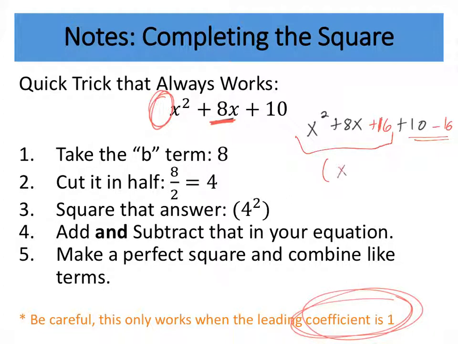So I get x plus 4 squared, and my leftovers are negative 6. Again, my vertex, if I were going to calculate a vertex, would be negative 4, negative 6. Those are the coordinates of the vertex. So we take the middle term, cut it in half, square it, add and subtract that. It only works when the leading coefficient is 1.